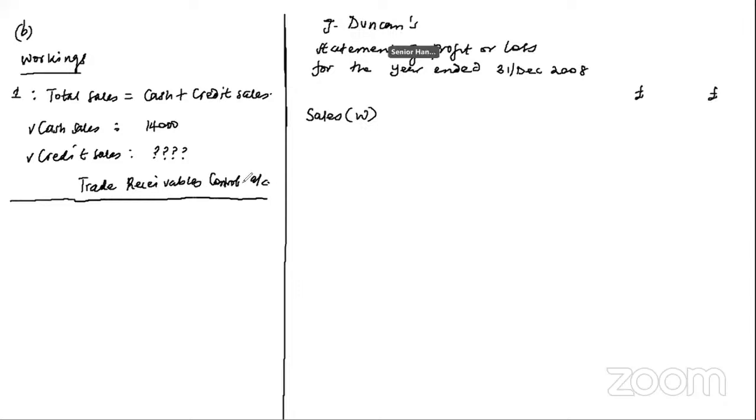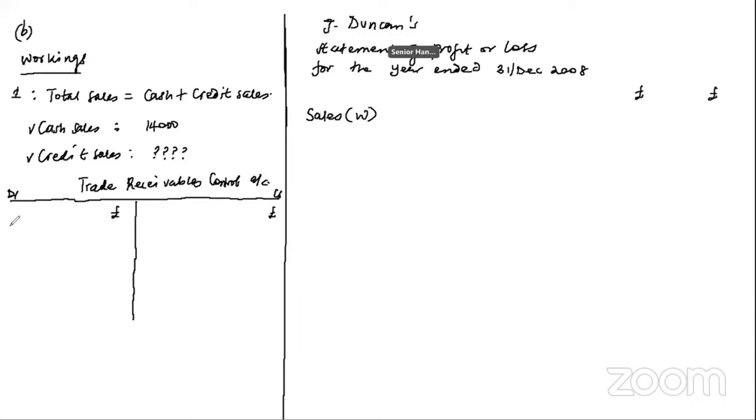So you can use that information to find out how much credit sales were made during the period. So I have this account. This is our credit, this is our debit. Of course, trade receivables, all the debtors, these are current assets, don't forget.